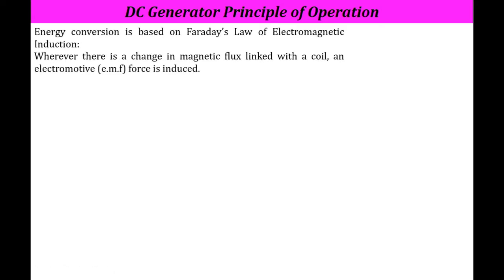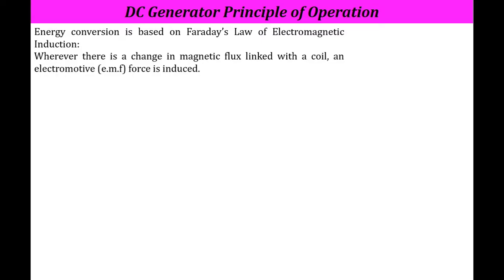Now energy conversion is based on Faraday's law of electromagnetic induction. Faraday's law of electromagnetic induction states that whenever there is a change in the magnetic flux linked with the coil, then an electromotive force, that is EMF, is induced. There has to be relative motion between the magnetic field and the conductor.